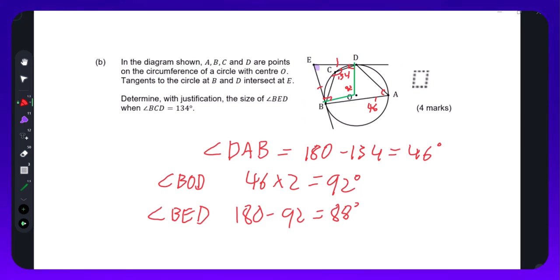Then within a quadrilateral, as long as you've drawn these lines to represent that it's 90 degrees where the tangent meets the radius, you've got 180 degrees left out of your 360, after taking out EBO and EDO, and therefore this purple one here and our 92 will add up to 180. 180 take 92 is 88. So hopefully that is fairly straightforward.